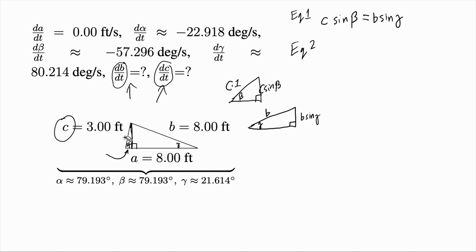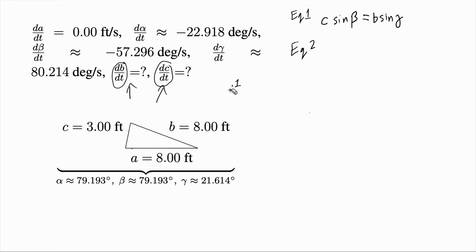Oftentimes, when we want 2 different equations, one way to go about that is by thinking, let's see, we have a b and we have a c, by extending, making kind of a bigger triangle in some way. Let's just think how the best way to do this is.